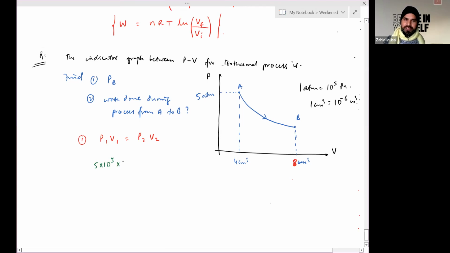V1 is 4 centimeter cube, so we may write 5 into 10 to the power 5 into 4 into 10 to the power minus 6 equals P2, which we have to calculate, times the volume at point B, 8 centimeter cube, 8 into 10 to the power minus 6. On solving, pressure at point B will become 2.5 atm or 2.5 into 10 to the power 5 Pascal.